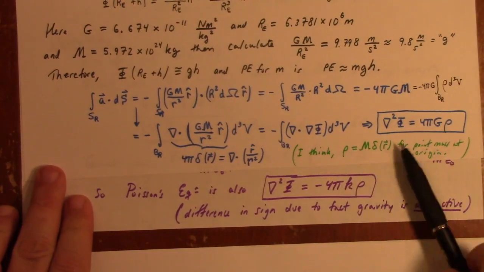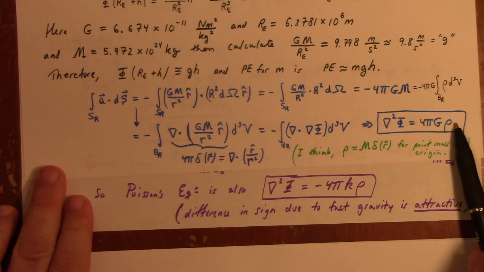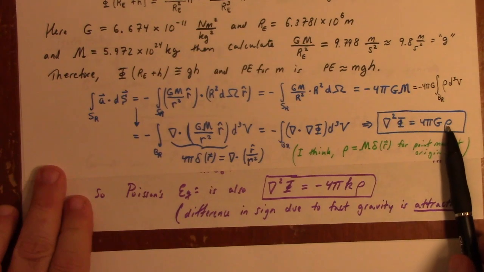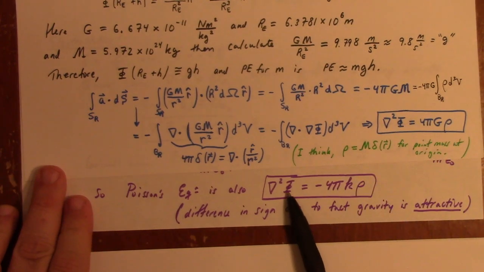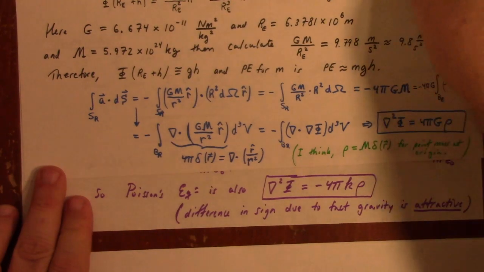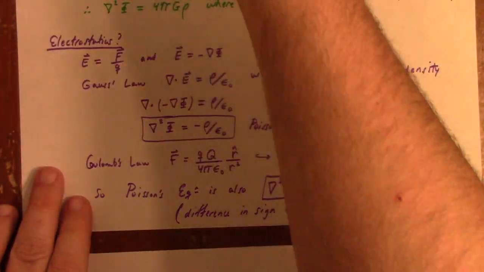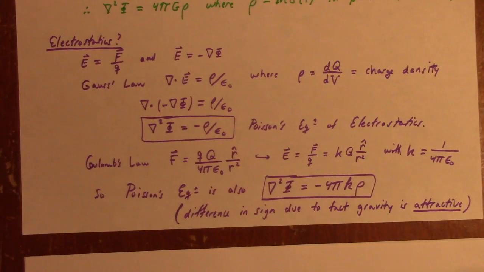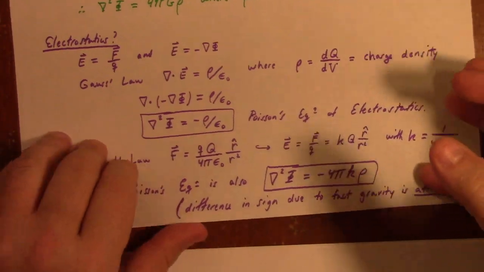But what's the difference? There's a plus here, there's a minus here. Why is that? It's because gravity is attractive, whereas if you have like charges in electrostatics, it's repulsive, right? So they are very similar in terms of being inverse square laws, but on the other hand, they're quite different in that gravity is always attractive, whereas the story for electrostatics is a little bit more nuanced.